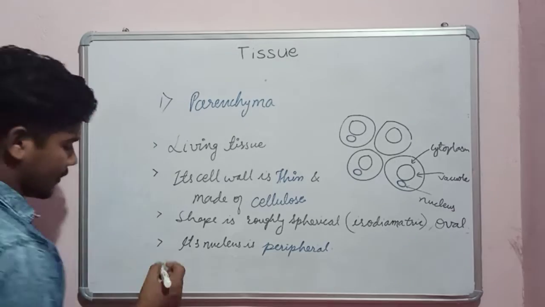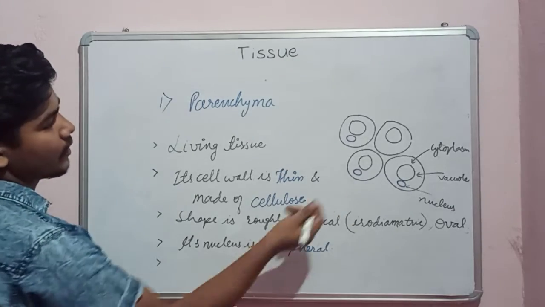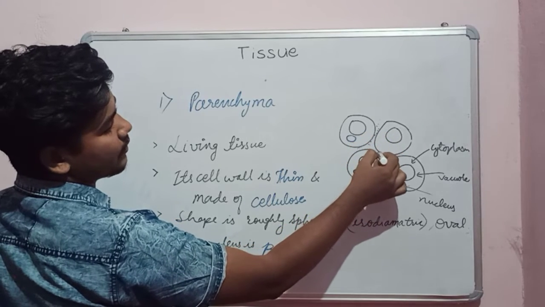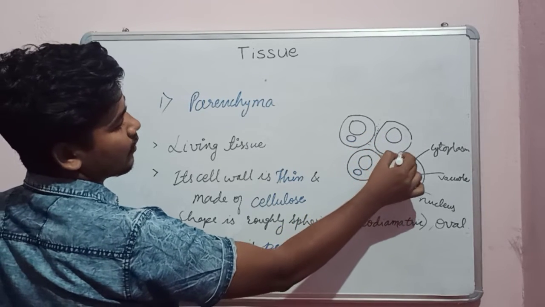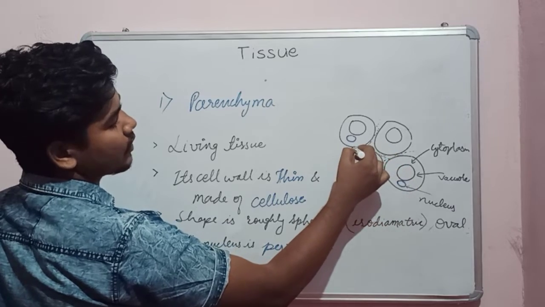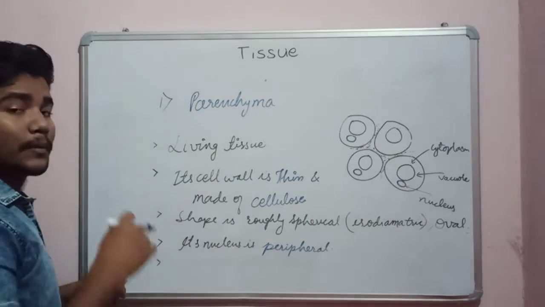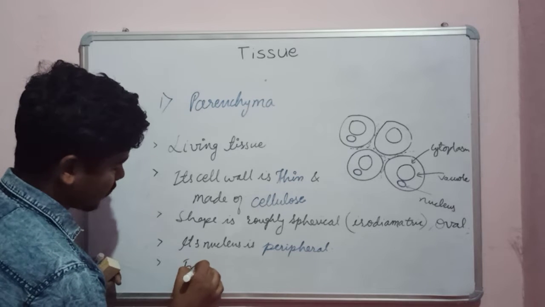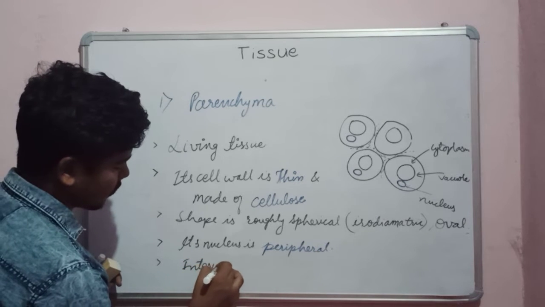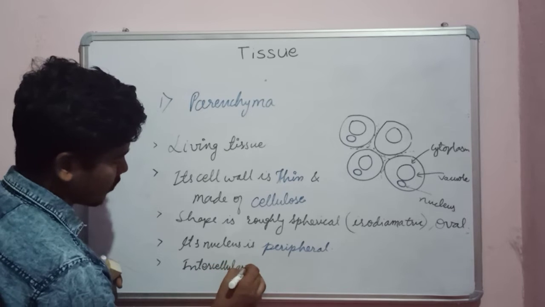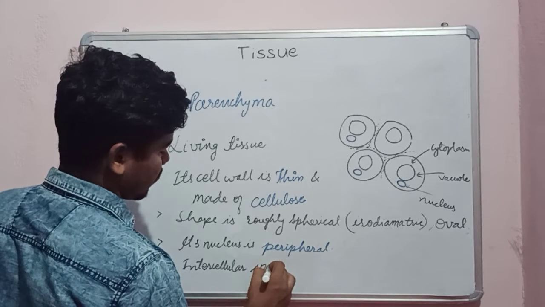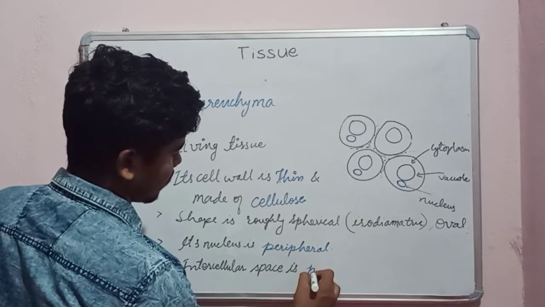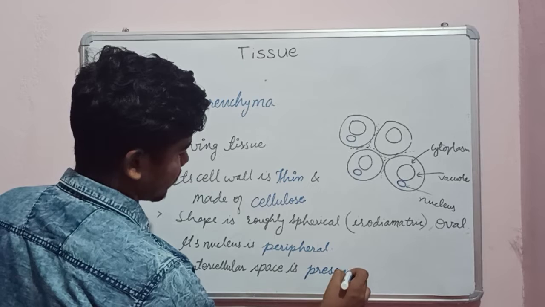Okay, one more thing. Here you are seeing that there is some space between the cells, and here the intercellular fluid is filled. So we can write intercellular space is present.